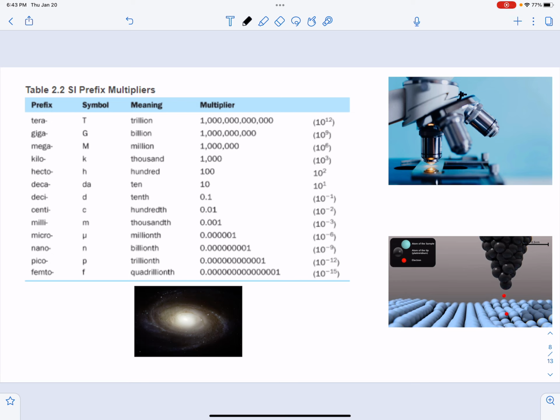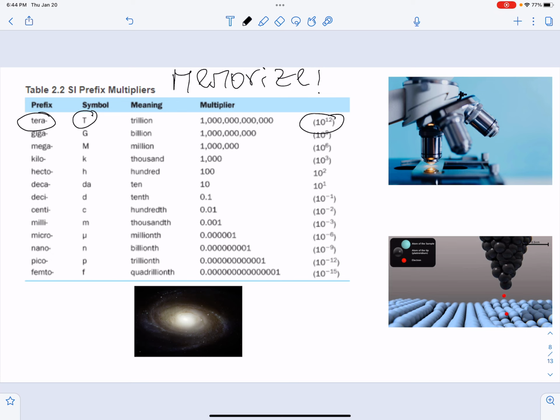So it's important for us to know the value of these symbols. This is something that you should also memorize. You should be very familiar with the values of the different prefixes that we're going to be using. For example, tera equals 10 to the 12.